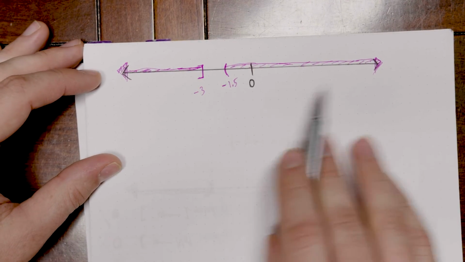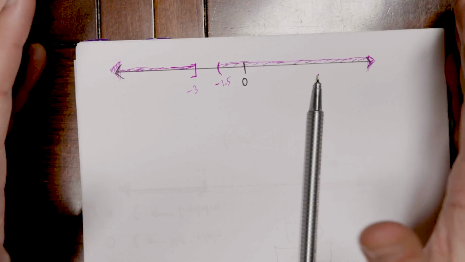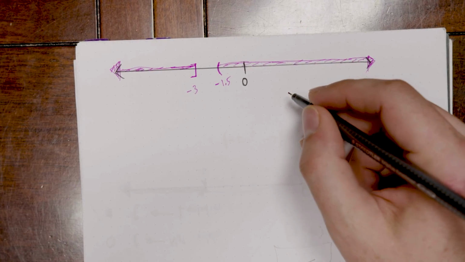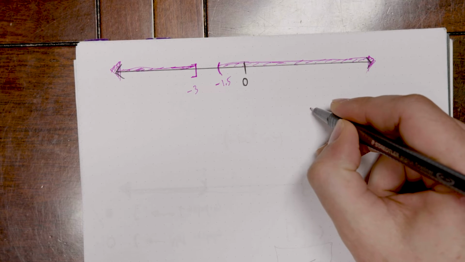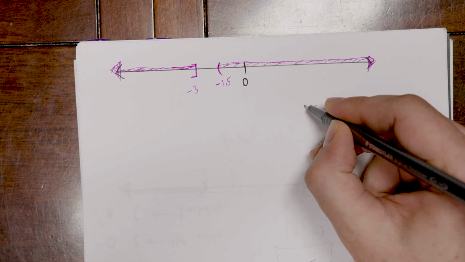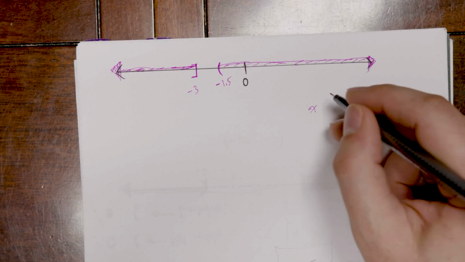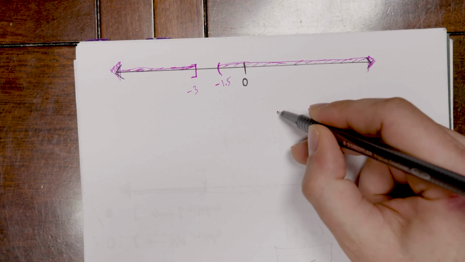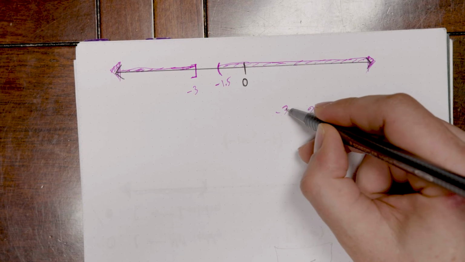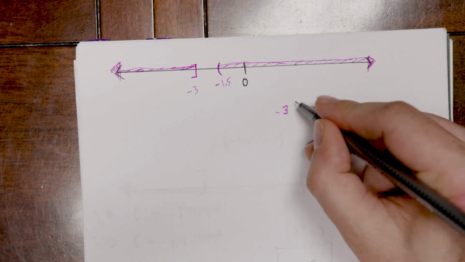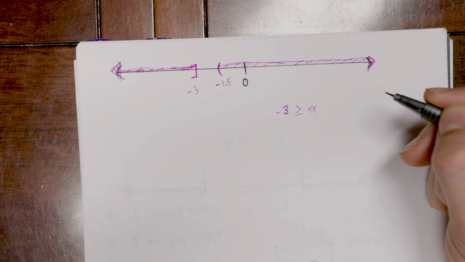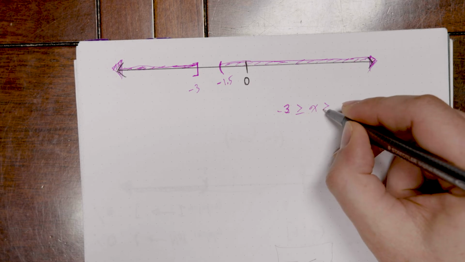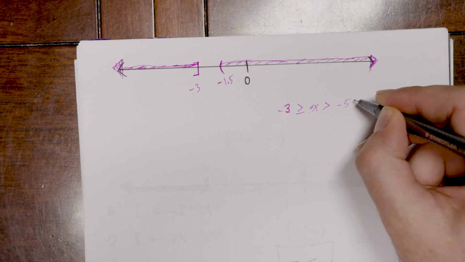So we've got to include all of this and all of that. If we were to do this in regular standard notation, or whatever it's called, we would have to say, hey, x is less than or equal to -3, and it is greater than but not equal to -5.